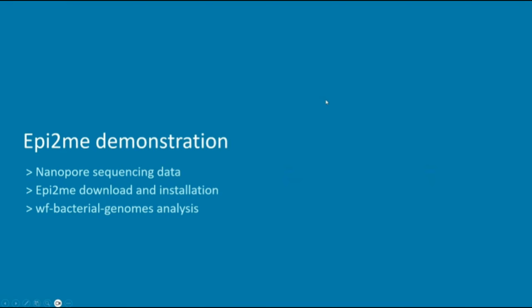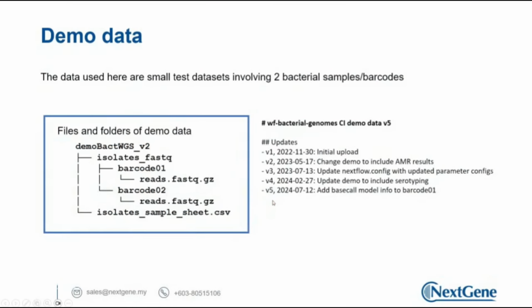So for analysis using Epi2Me, let me show you a little bit on the Nanopore sequencing data, how we can get the Epi2Me software, and how we perform the whole genome sequencing analysis for microbes. The data that I'm going to use for the demonstration soon is actually demo data from the pipeline itself.